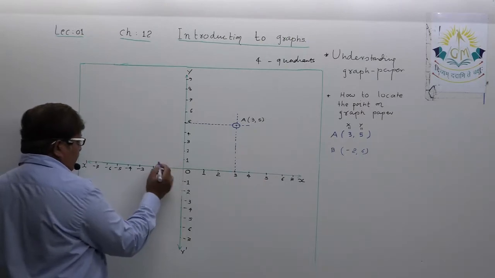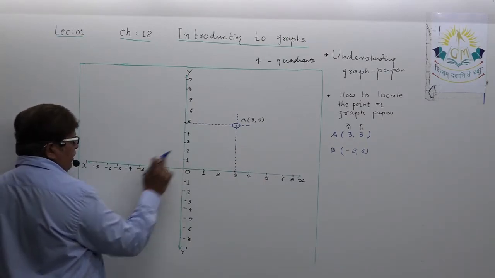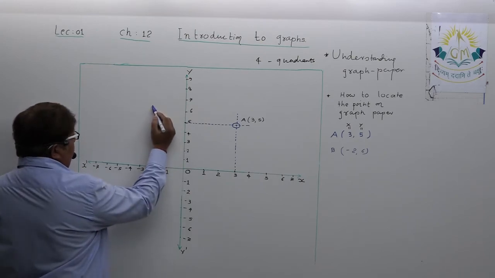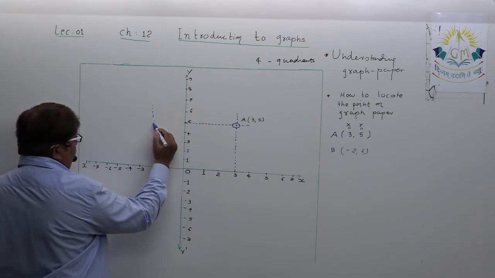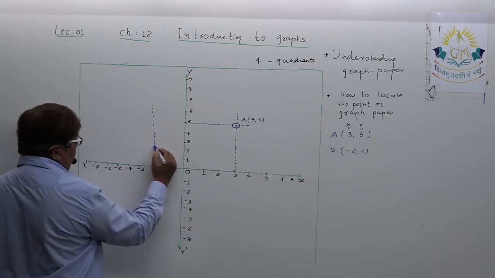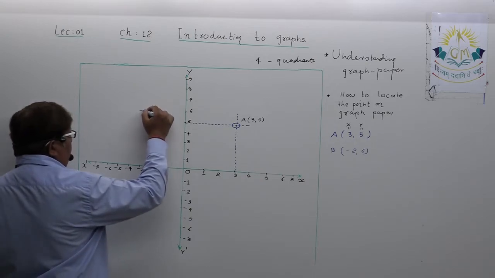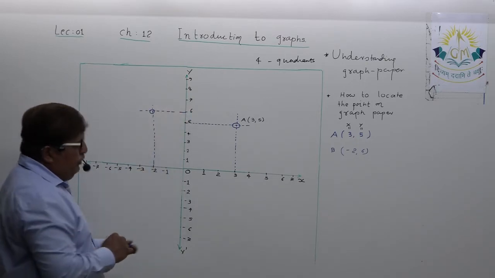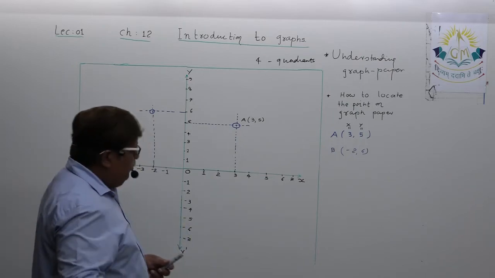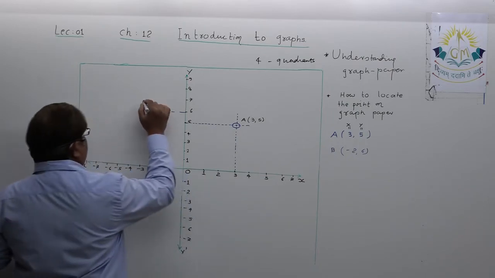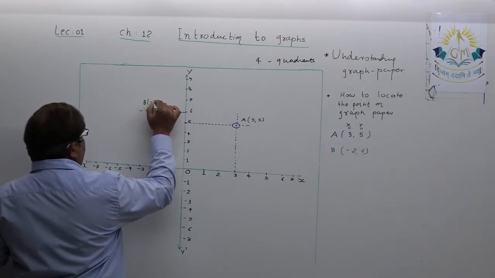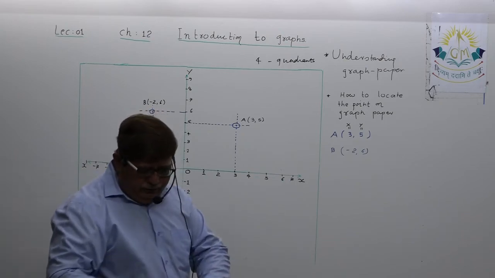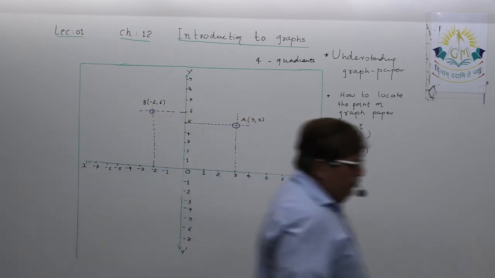So x coordinate is minus 2 here. Y coordinate is 6 here. Let us draw the dotted line from minus 2. One dotted line, and from 6 one dotted line. Both are intersecting here, and this becomes point B minus 2 comma 6. First you locate this and then we move still further, dear student.